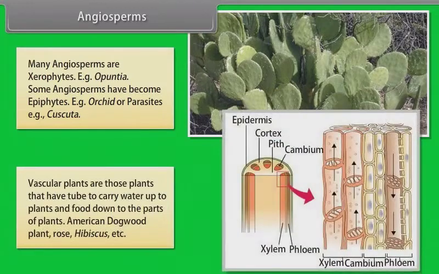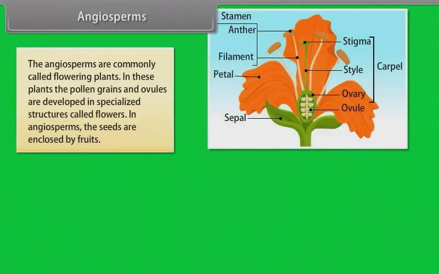Vascular plants are those plants that have tubes to carry water up to plants and food down to the parts of plants, for example American dogwood plant, rose, hibiscus, etc. The angiosperms are commonly called flowering plants. In these plants, the pollen grains and ovules are developed in specialized structures called flowers.